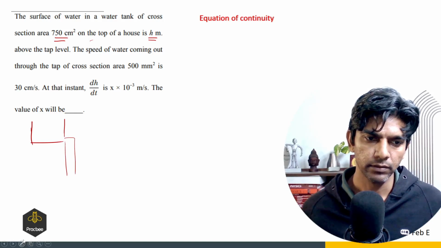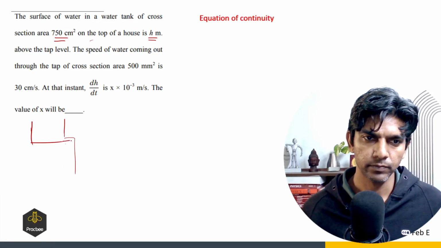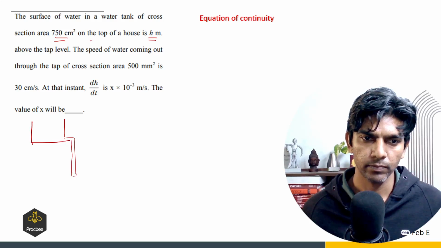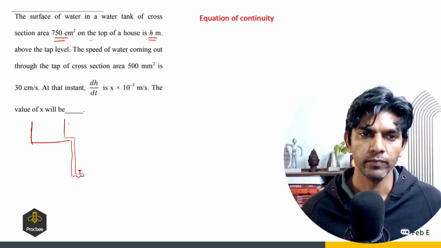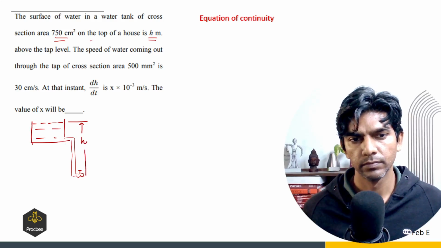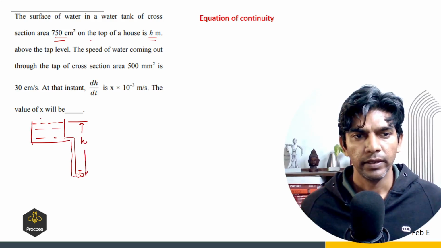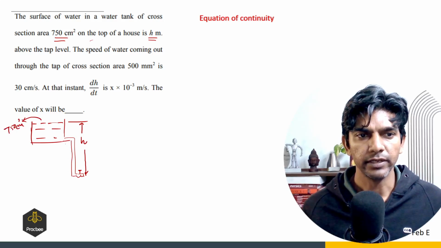Something like this is given to us. So that is the tap, and this is H. And this area is given as 750 square centimeter.